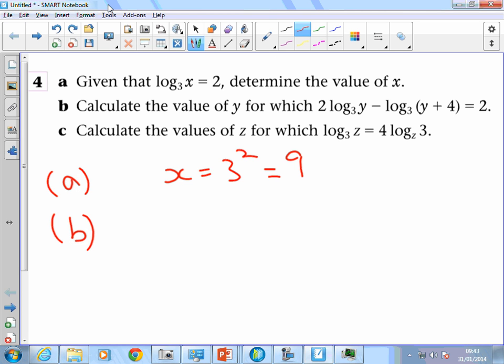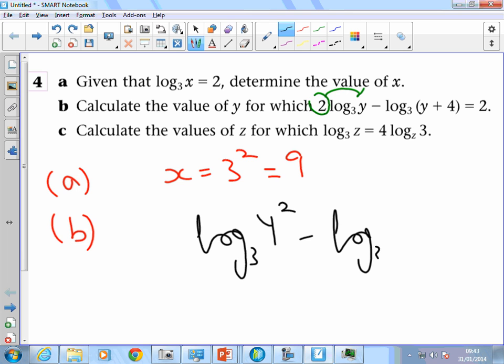Now, if we use the power rule, let's start with that. Log with base 3 of y squared, because the 2's gone up, minus log with base 3 of y plus 4 is equal to 2.